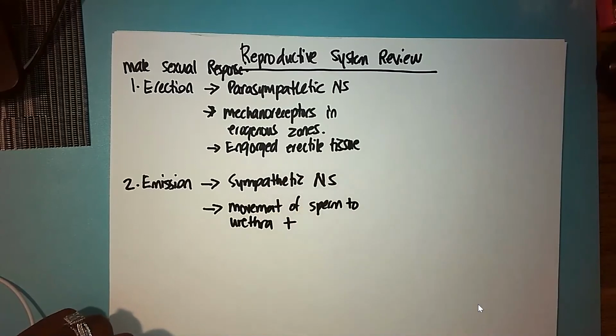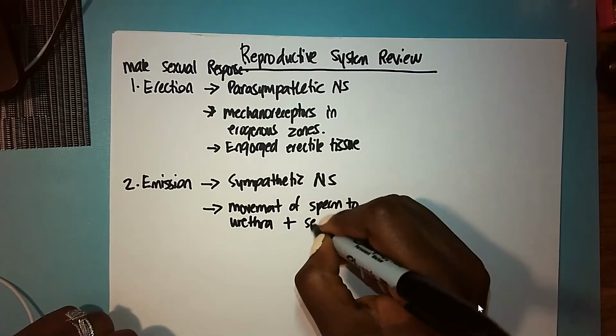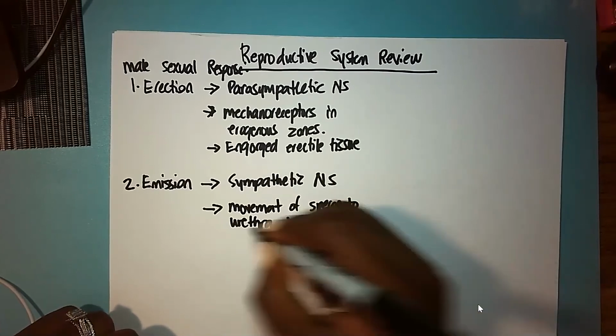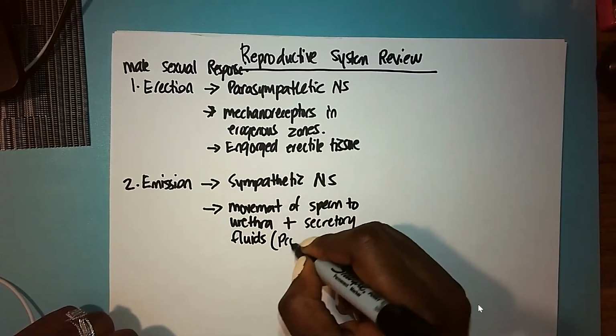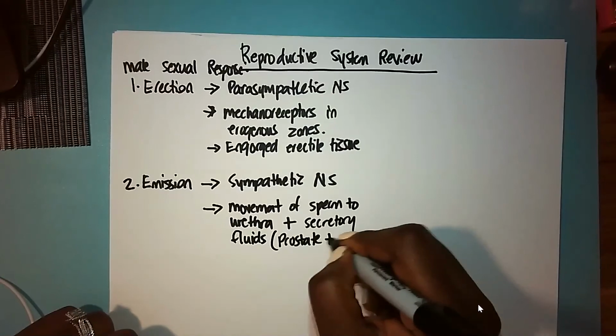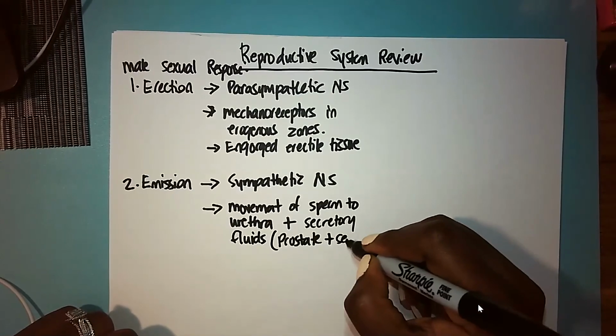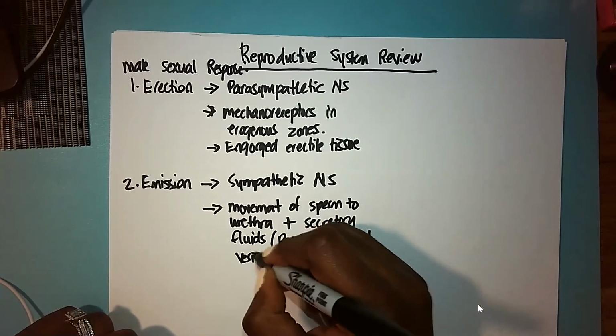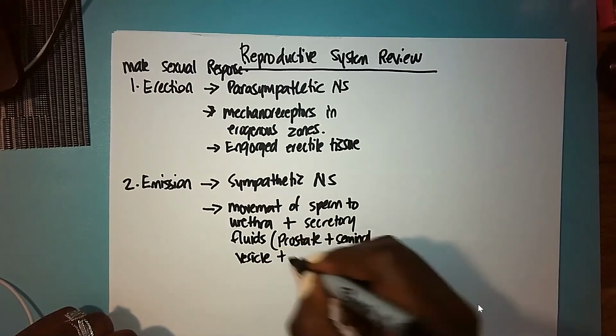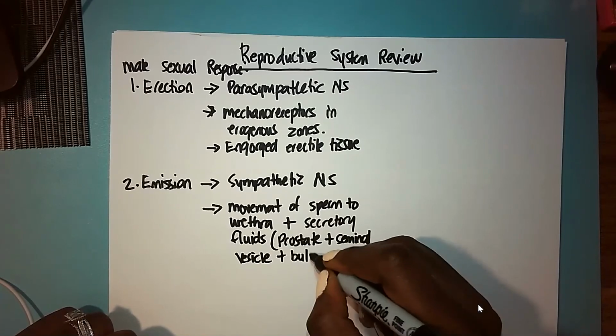And here we had the addition of secretory fluids from the accessory glands. So we also have secretory fluids from the prostate, from the seminal vesicles, as well as the bulbourethral glands.